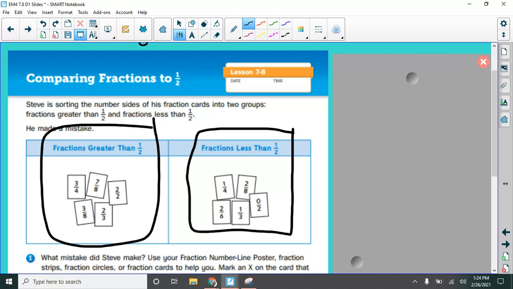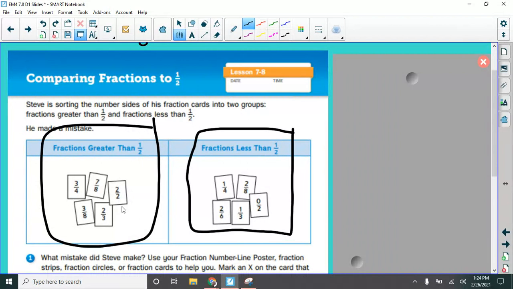Let me check the page really quick. It's on page 194 if you want to use that. You have fraction circles as well, and then you have those fraction bars that we drew the other day. What do you think is the mistake that he made? All right, it's one of these over here.